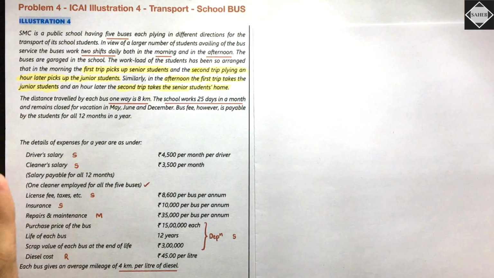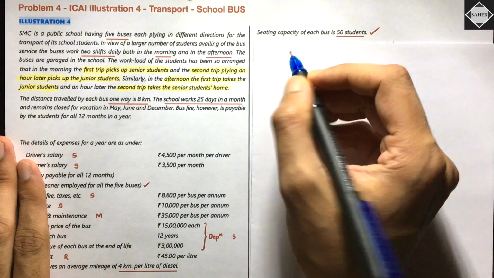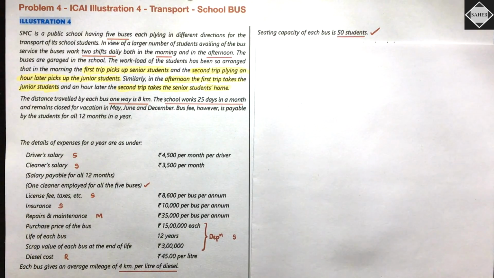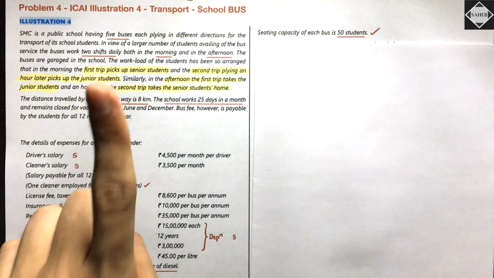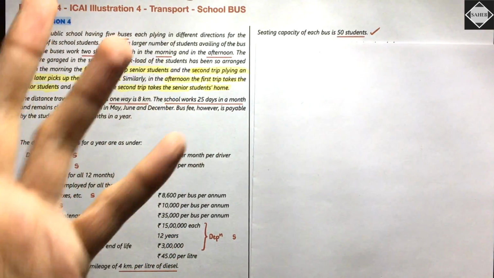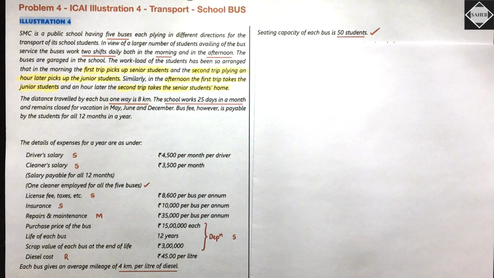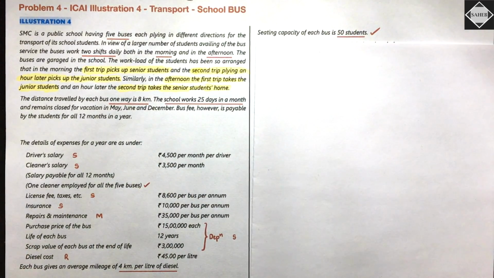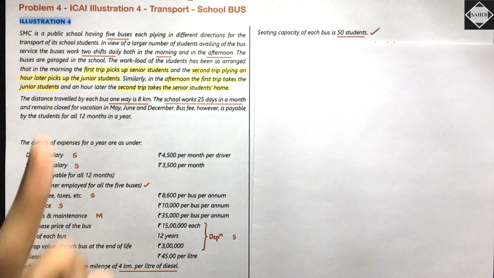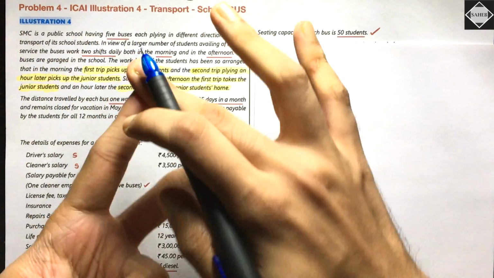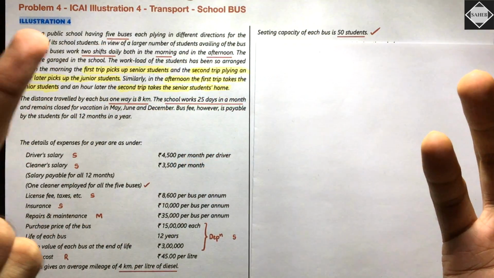Then what they are saying, see here, seating capacity of each bus is 50 students. Now tell me, with a single bus, for how many students do we provide the service? You will say 50 students. That's completely wrong. Not 50 students. You should know, with each bus, what do we do? In the morning, we do 2 shifts, 50 seniors and then 50 juniors, isn't it?